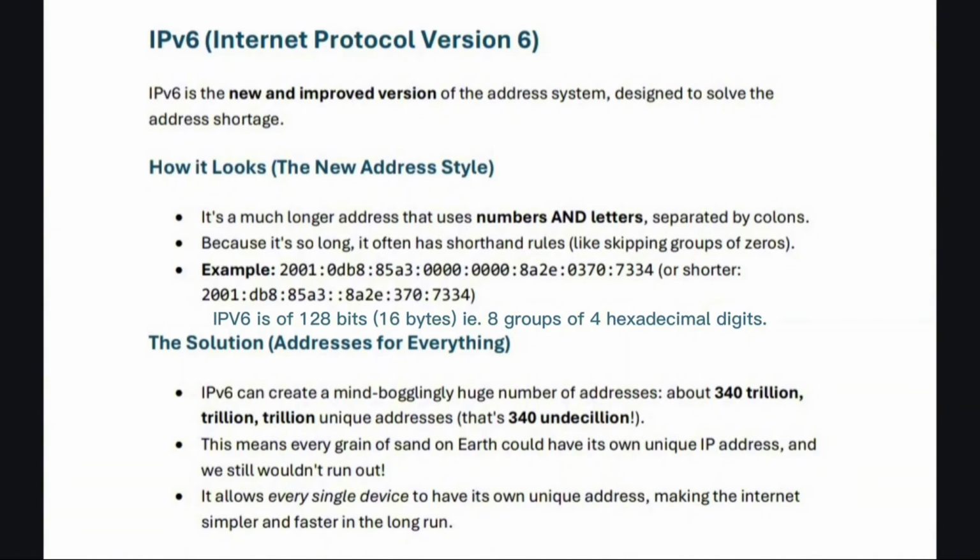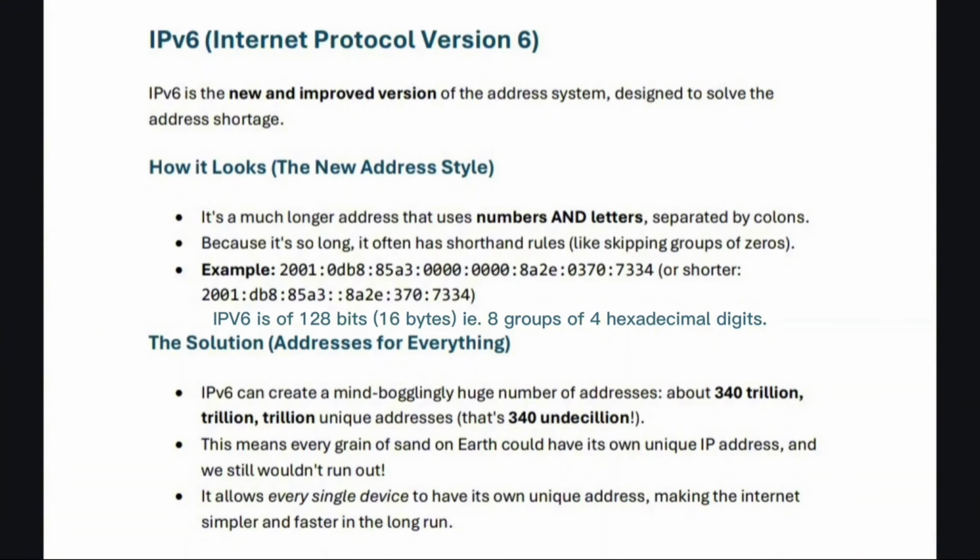For example, you can see 2001:0db8:8583:0000:0000:8a2e:0370:7334. It is a long address, so it has much more uniqueness and many more possibilities, which is the solution for addresses for everything.